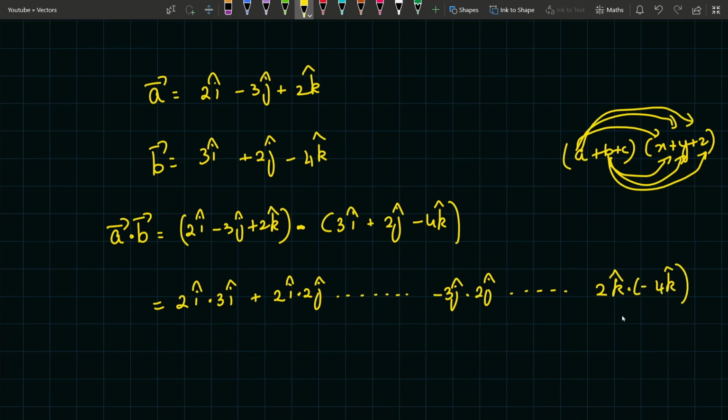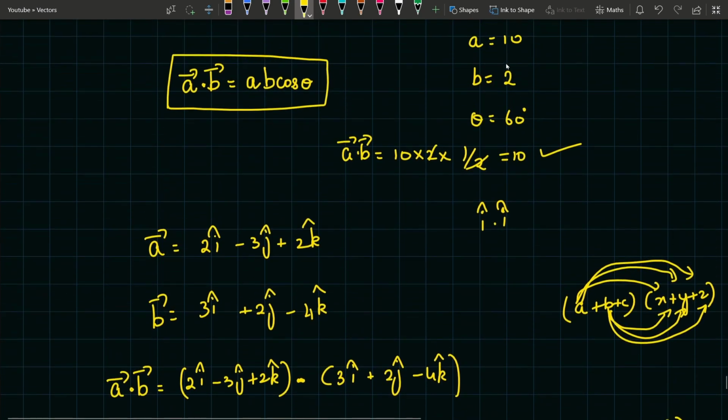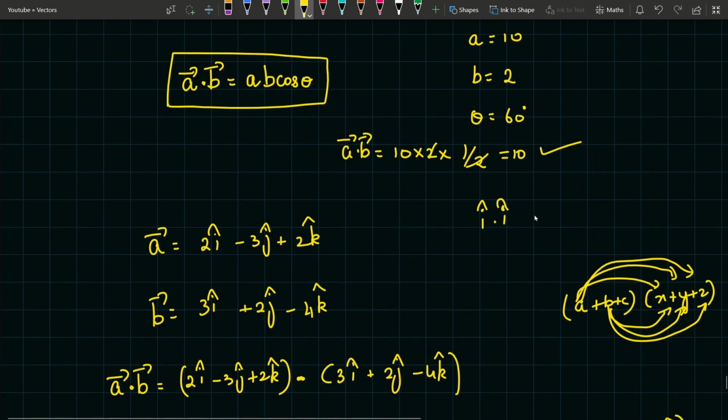Now why have I written like that? Because see this, i cap into i cap. You can take this 3 out, not a problem. If you take this 3 outside, it will become 2 into 3, that will become 6 here, but it will be 6 into i cap dot i cap. What is i cap dot i cap? Using the definition of dot product, it is the magnitude of the first vector into magnitude of second vector into the cos of angle between them.